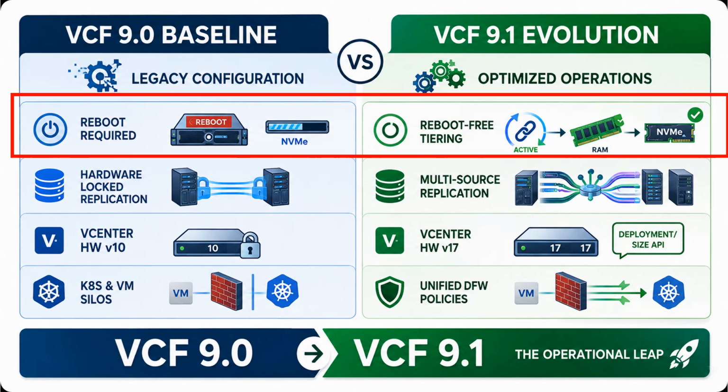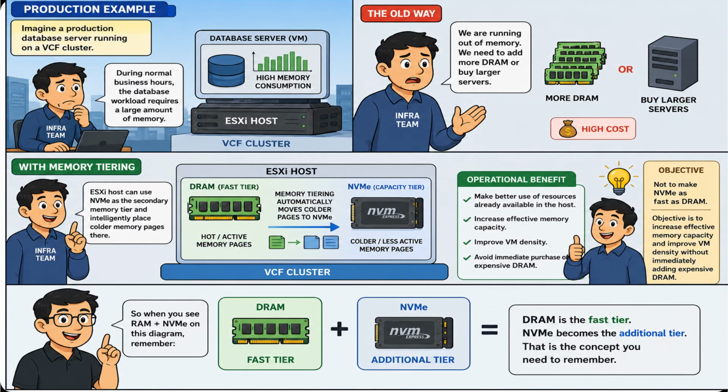So I'm going to explain this with a production example right now. Now let's do an imagination. Just imagine a production database server which is running on a VCF cluster. If you look at this image, during normal business hours, the database workload requires a large amount of physical memory.